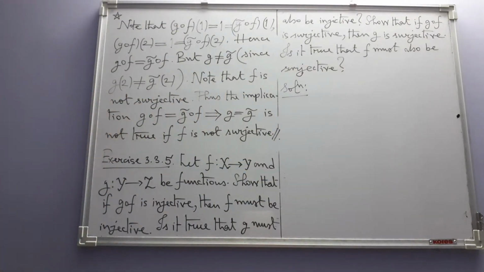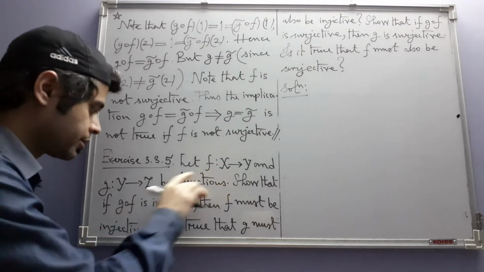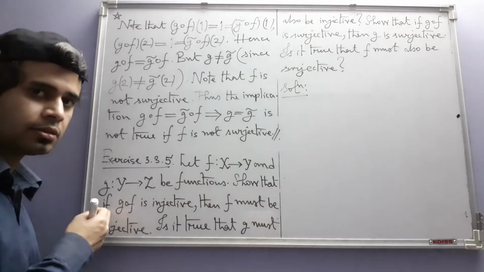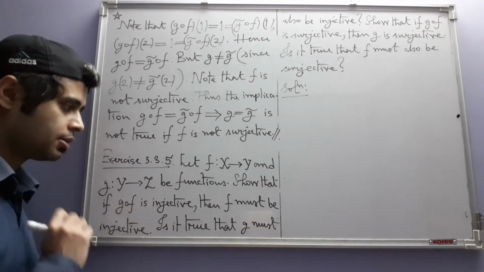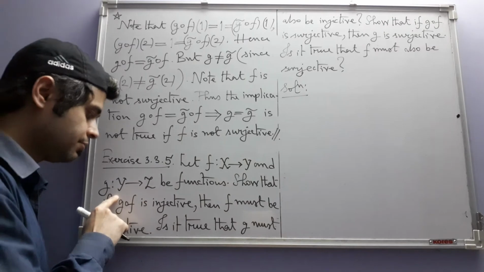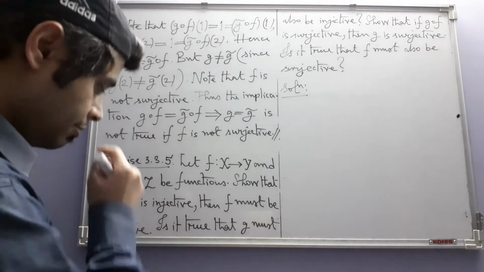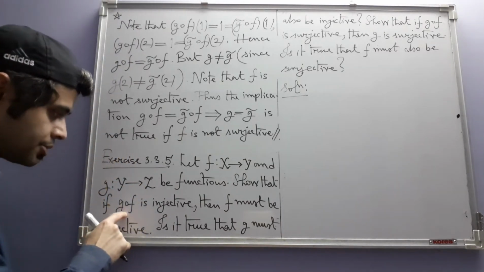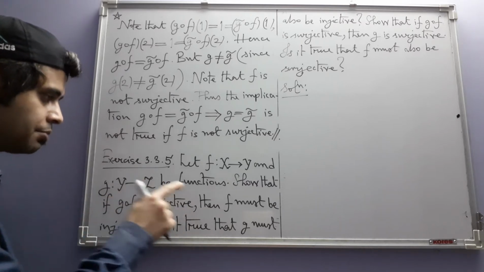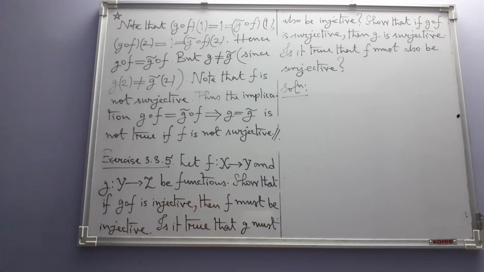What is given to us now? We are given two functions f and g, and you can see that we can form the composition g composition f, because the range of f equals the domain of g. Now if we assume that this composition is injective, we have to prove that f must be injective.